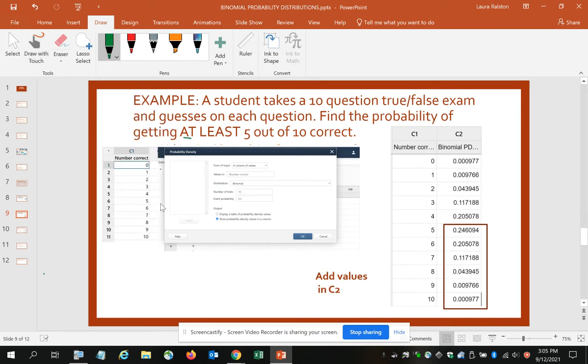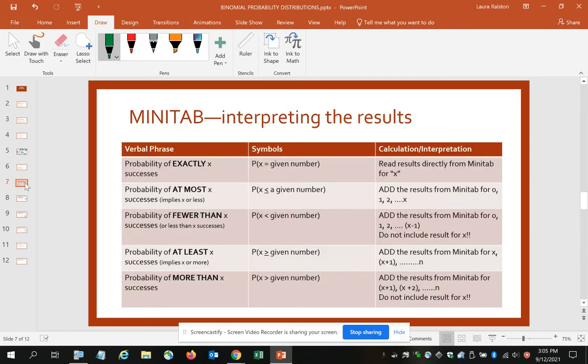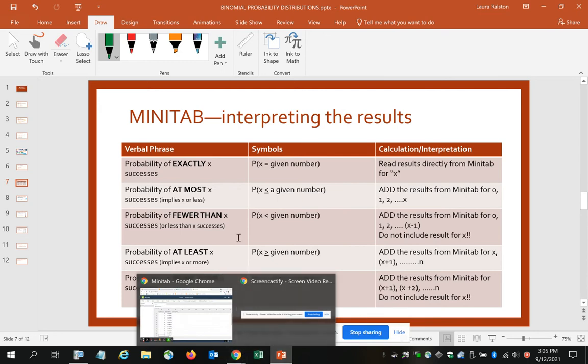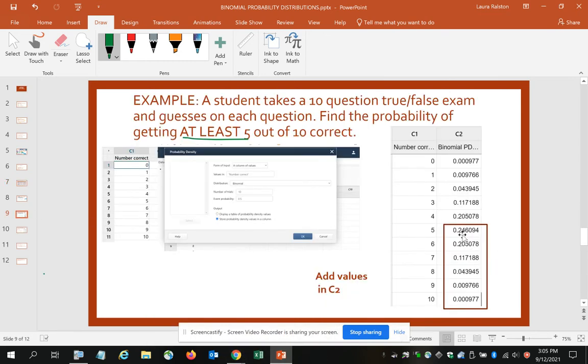Again, I go back to my table, and for at least 5, the instructions say add the results from Minitab for X, X plus 1, X plus 2, and so forth, all the way up to N. So from my Minitab printout, I've got to add together the values for 5, 6, 7, 8, 9, and 10.